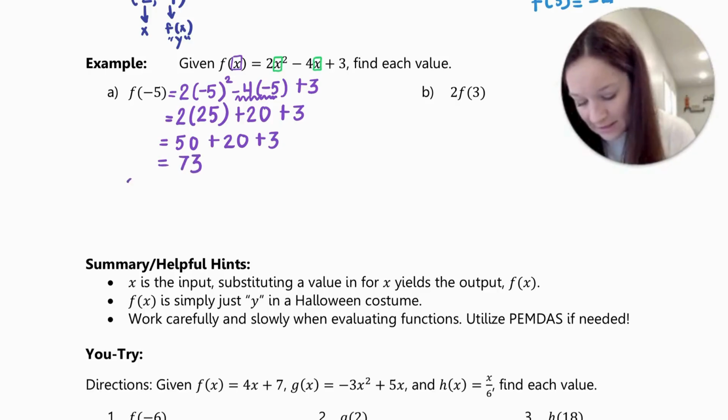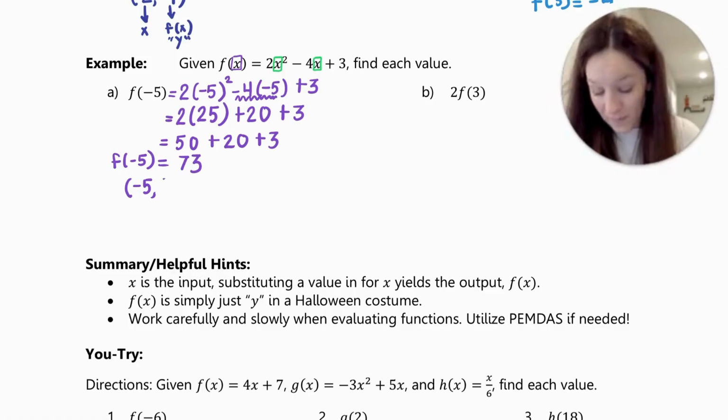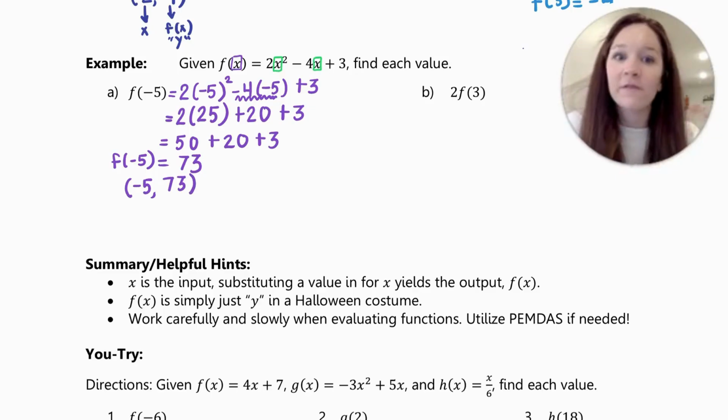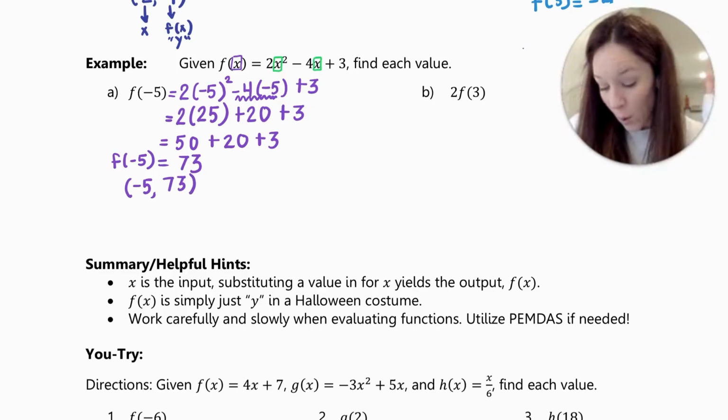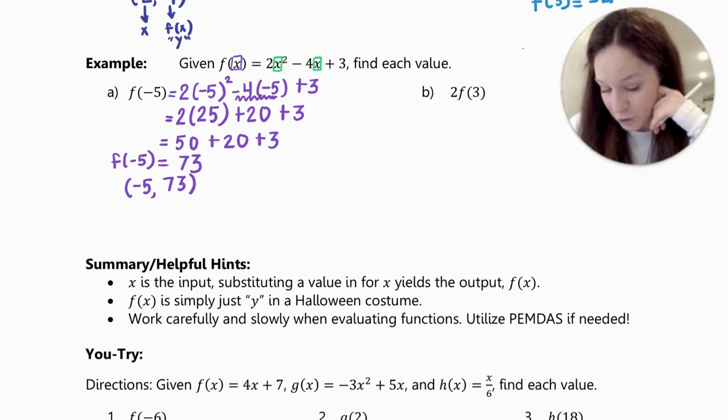So what that says is that my input is -5. When I plug -5 in for this function, the output that it will spit back is 73. So if I have a graph of this function, the ordered pair -5, 73 will lie on your graph, okay? And so that's the first one.